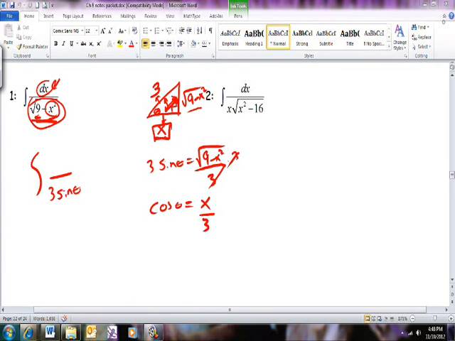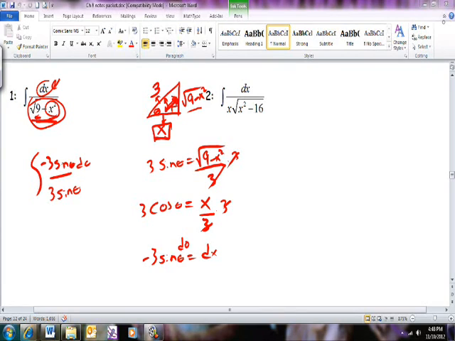I'm not looking for x, I'm looking for dx. So we multiply by 3, and we take our derivative to find dx. So negative 3 sine theta equals dx. Alright, we plug that in for our dx: negative 3 sine theta d theta, because I should have a d theta here.